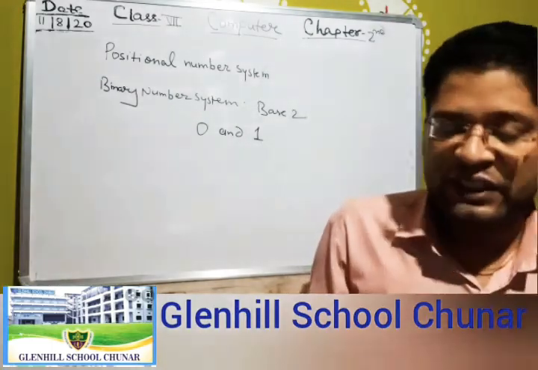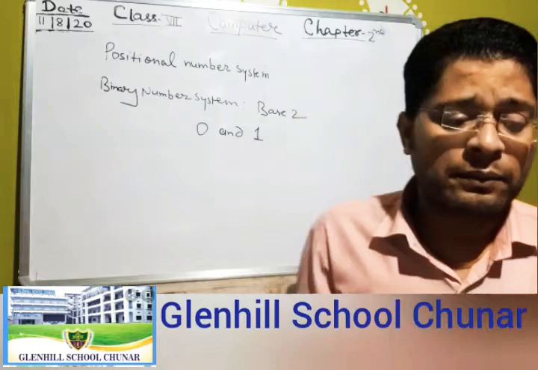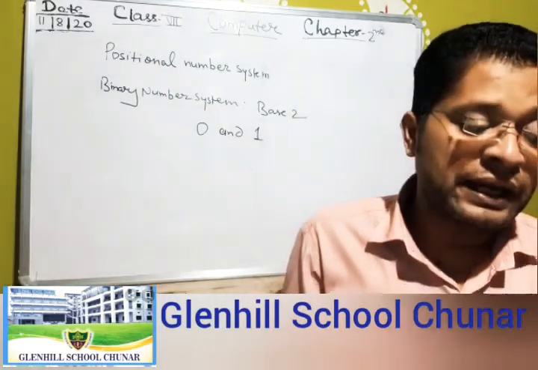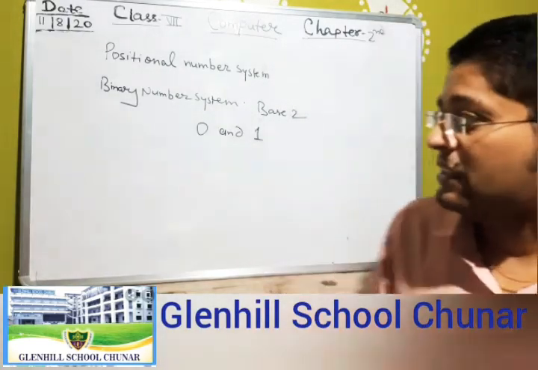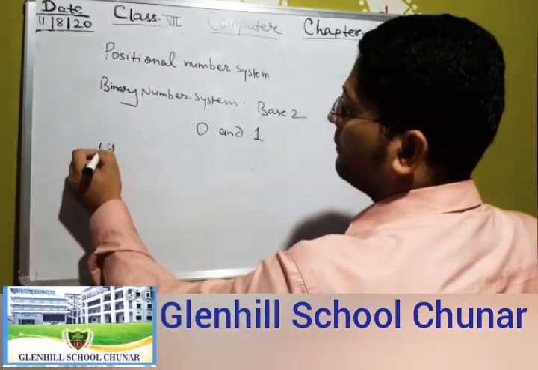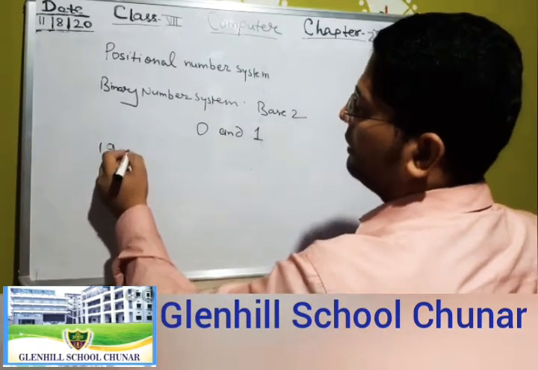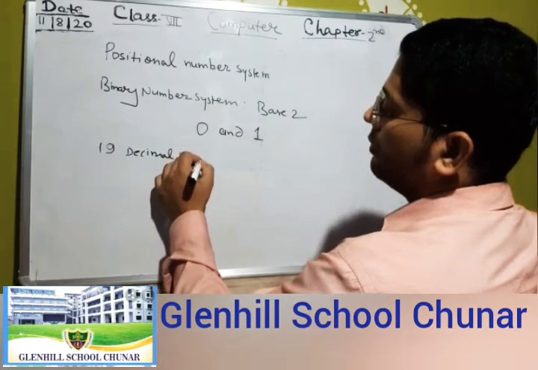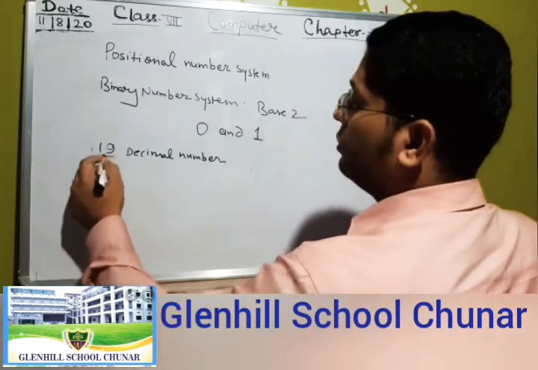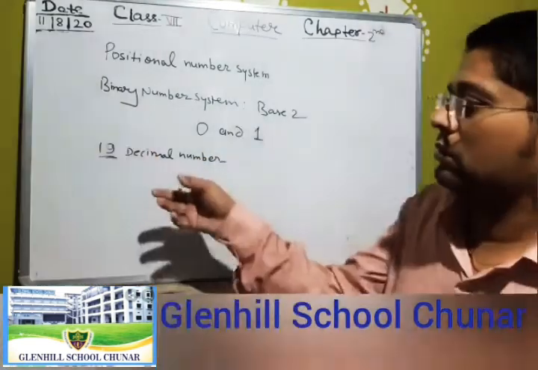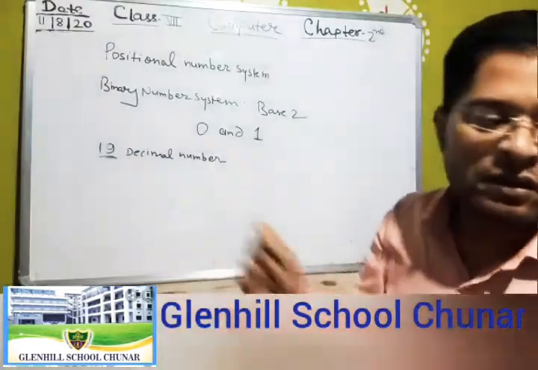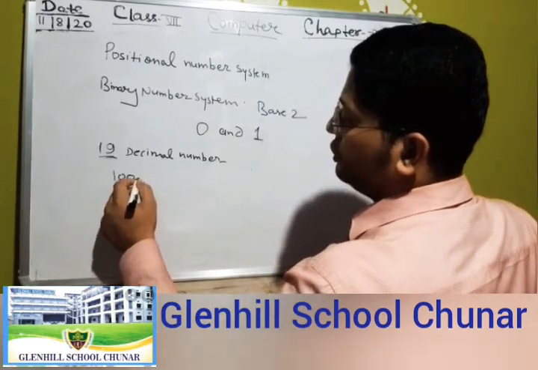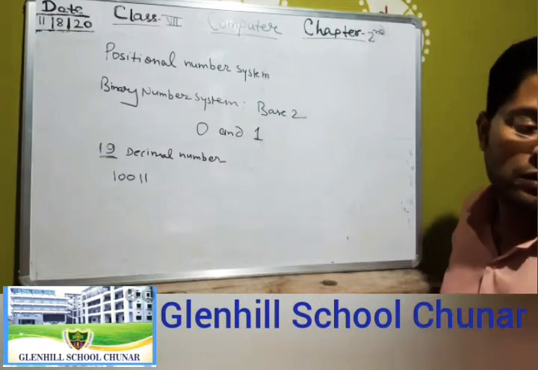So as in the decimal number system, for example, the decimal number 19 is written in binary as 1 0 0 1 1.